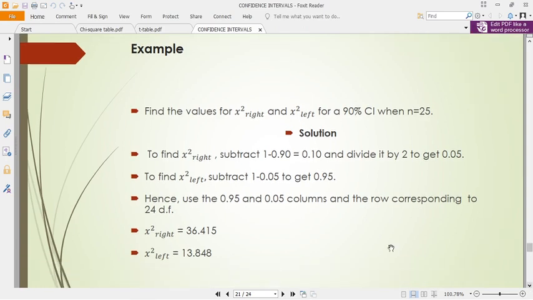So when you go to our chi-square table to get x squared right, remember x squared right was the first one that corresponds to when we subtract the confidence level from 1 and then divide what we get by 2 to get alpha over 2. So we look for 0.05 and then the degrees of freedom, which are 24.